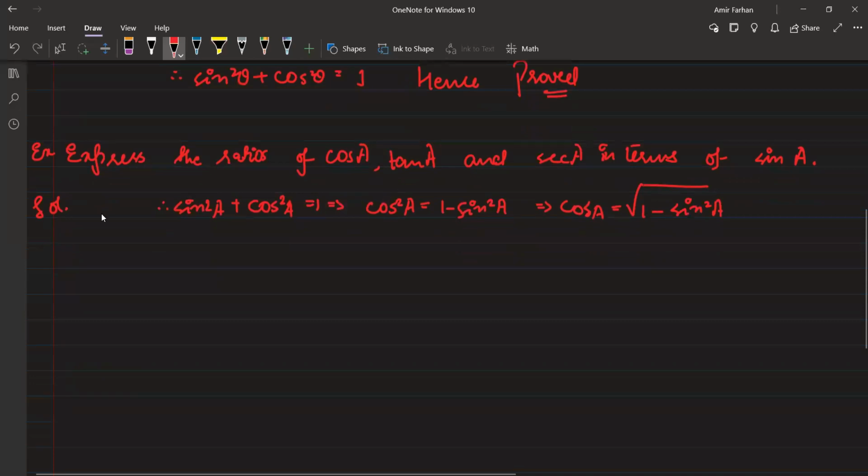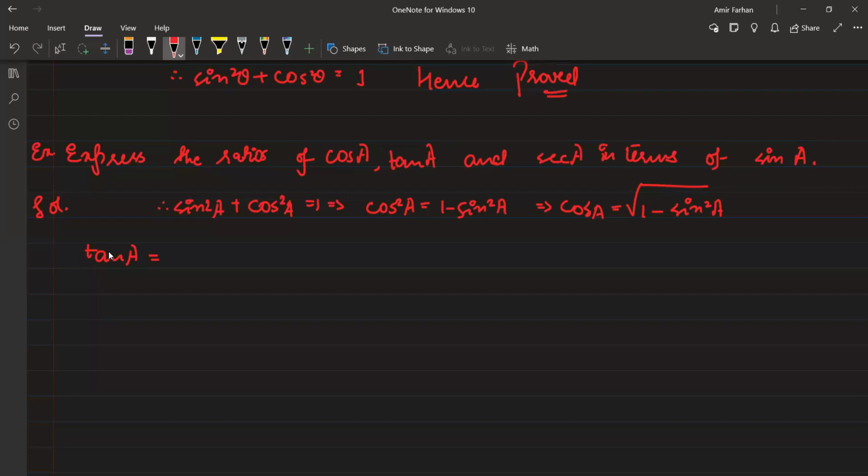Yes. Now Adil, tell me, if you have to write tan theta in terms of sine and cos, how would you write it? It's the most basic question. What will be the ratio basically, dear?